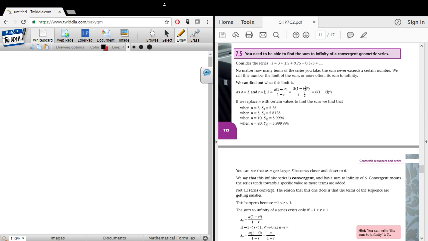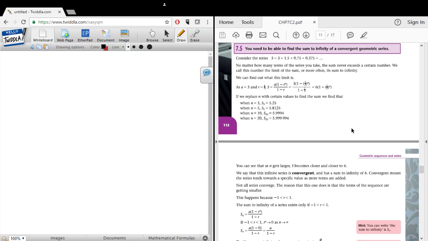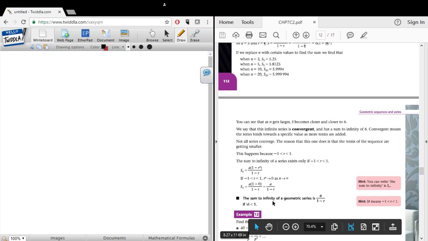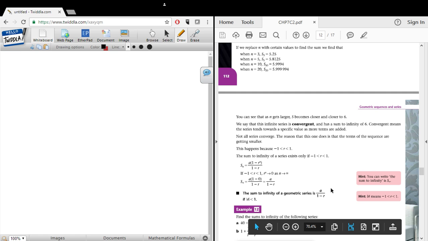the applied mathematical banner. So you can appreciate by reading this text that we want to find the sum to infinity of a geometric series by utilizing this formula here.